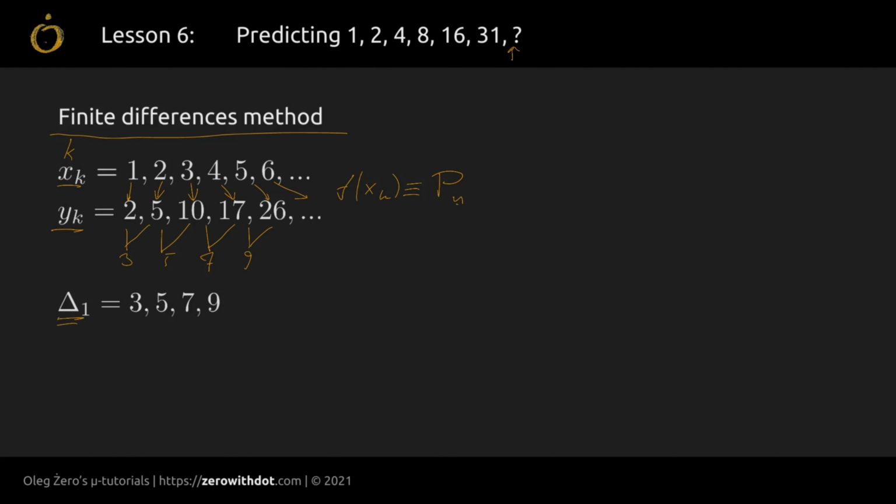That sequence looks more manageable, so let's repeat the trick and keep subtracting the elements, but now using delta 1. If we keep doing that, we'll get 2, 2, and 2, an even simpler sequence.